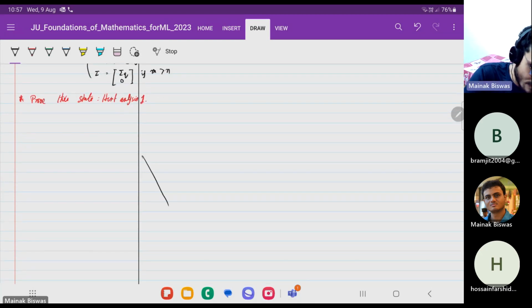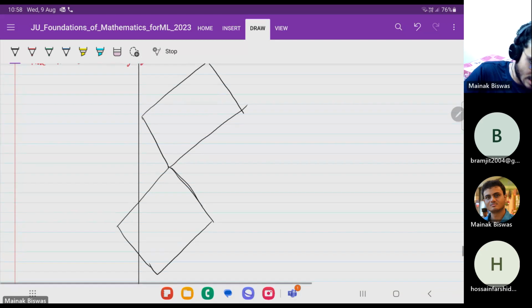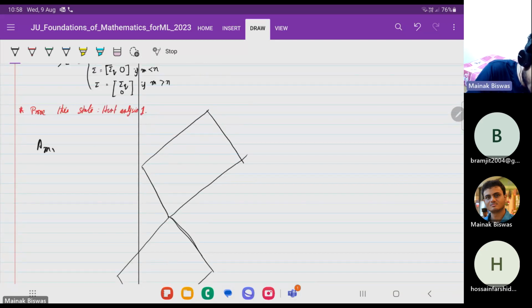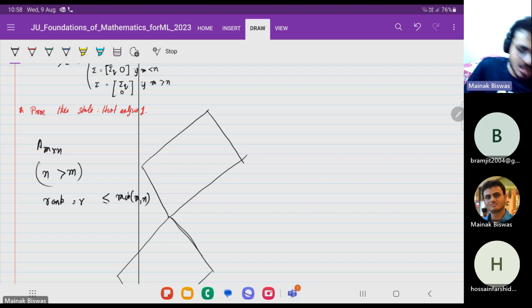So you have something called, we have discussed this, right? Something called the row space. Say you have a matrix M cross N, where N is greater than M, and the rank of the matrix is equal to R, which is less than minimum of M comma N. So this is the definition. We all know that rank is always less than or equal to the minimum of the both.